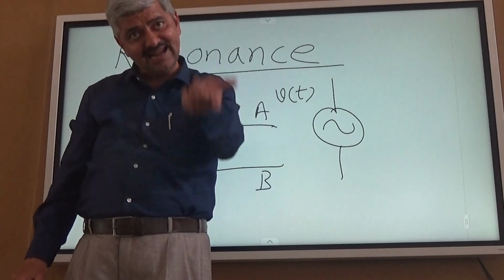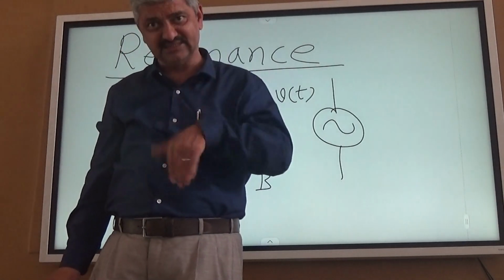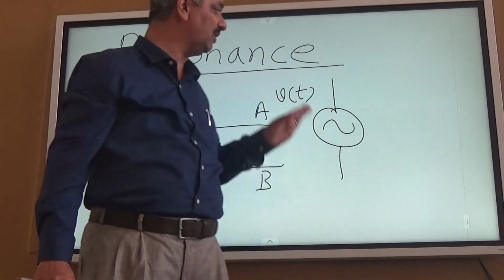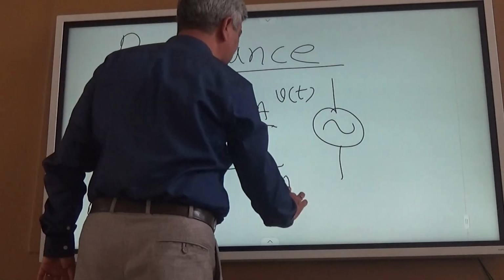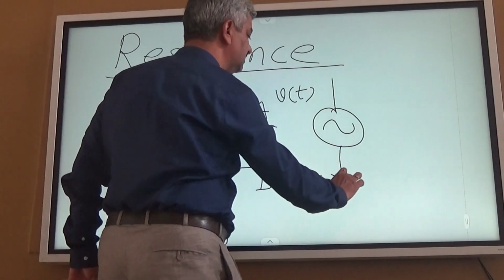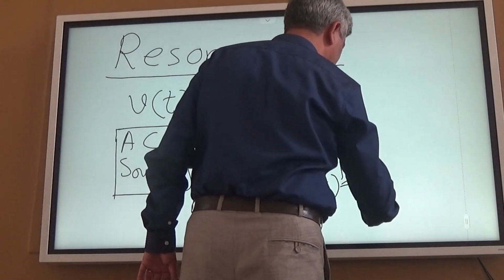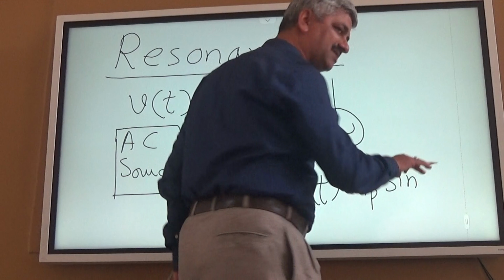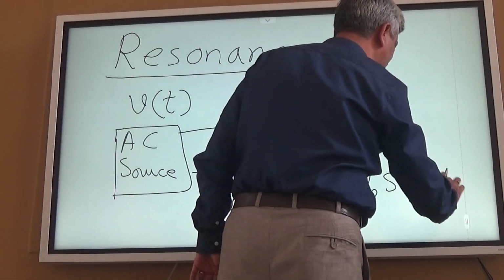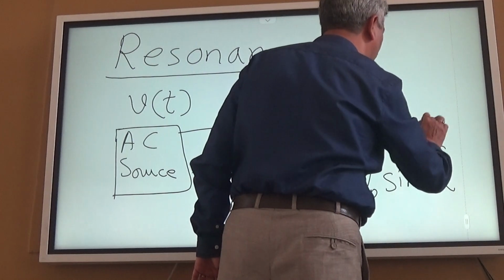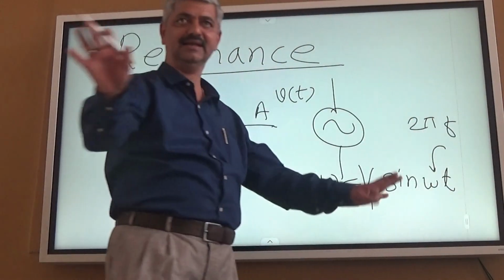And the rate at which it does this is the frequency. So what is VT? For an AC source, Vt is equal to some fixed voltage times the sine of something, which we call omega t, where omega is 2 pi f.